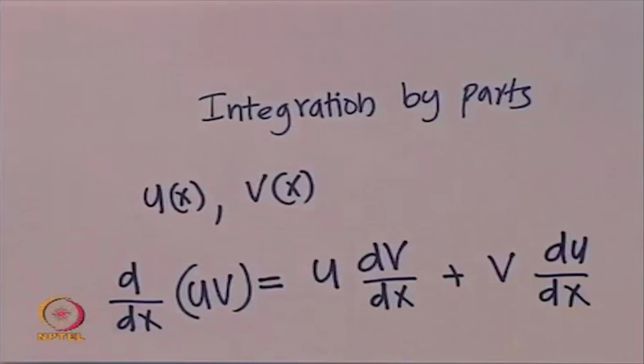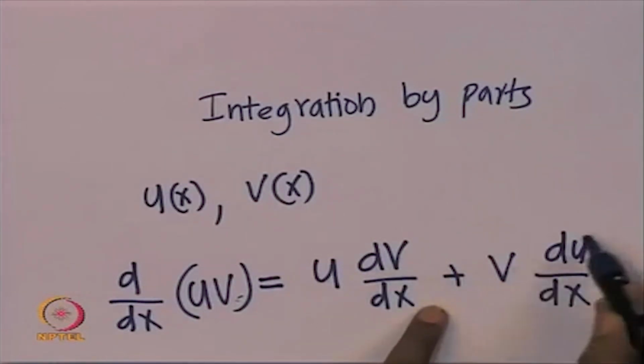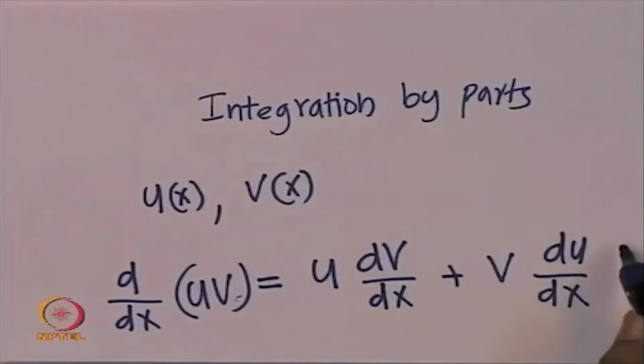It is good to recall this, because we will use this idea now to think of integration by parts. If you had a product of two functions, this could be f and g, or u and v, the derivative of this product is the first function times the derivative of the second function plus the second function times the derivative of the first function.